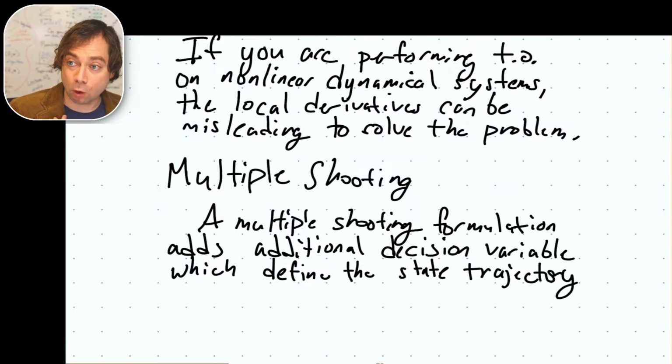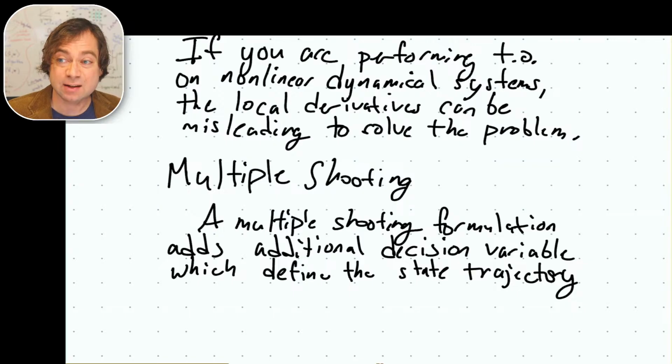Okay? Before, we only needed the input trajectory for single shooting. We need the state trajectory. Okay?